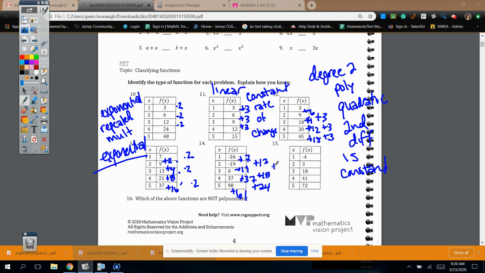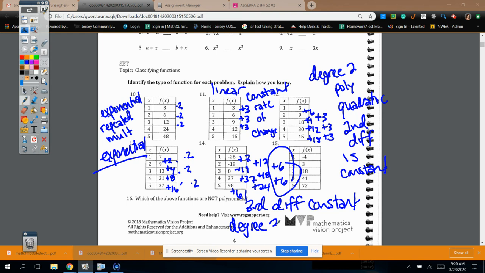And now for the third difference, I have a plus 6, plus 6. So the third difference is constant. That means it's a degree 3 polynomial, or a cubic. That's the new guy.